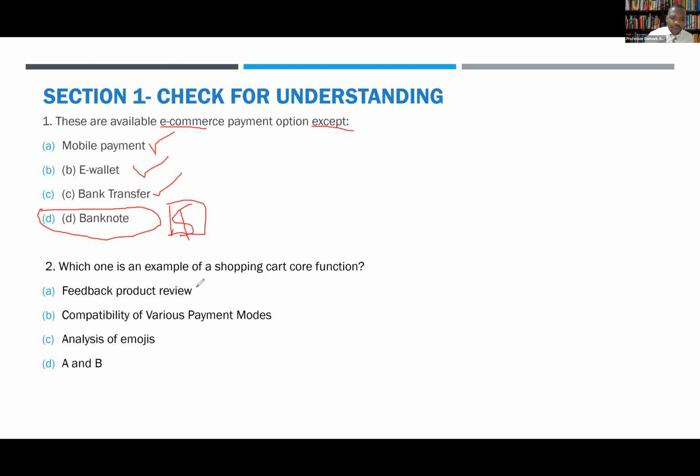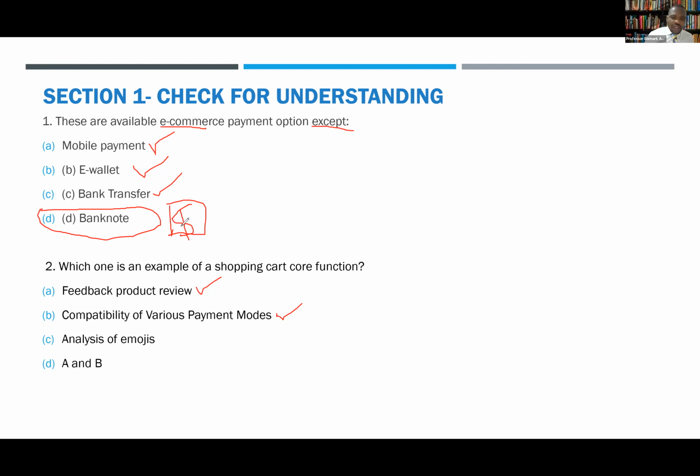Feedback product review is compatibility of various payment methods. Analysis of emojis? I don't know. Or what would be the best answer? Would it be A, B, C, or D?